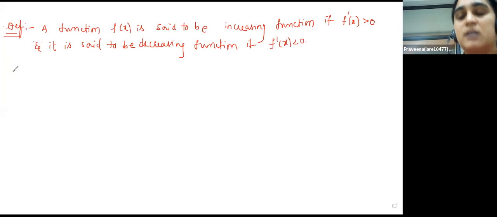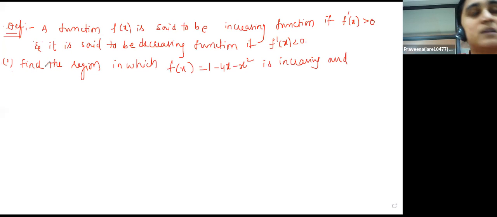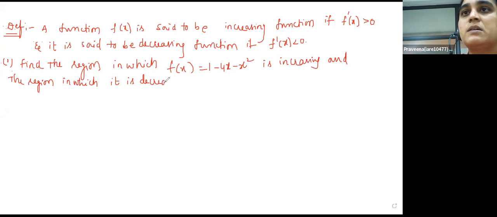Okay. For that, write down one example question. Find the region in which f of x is equal to 1 minus 4x minus x square is increasing, and the region in which it is decreasing, using the mean value theorem.